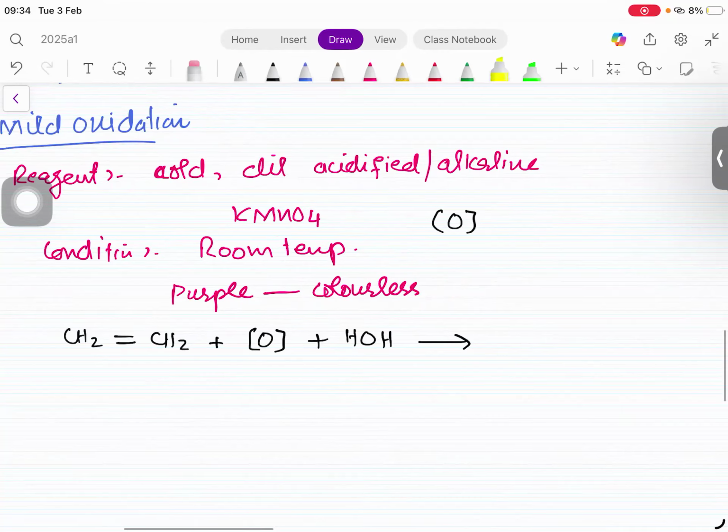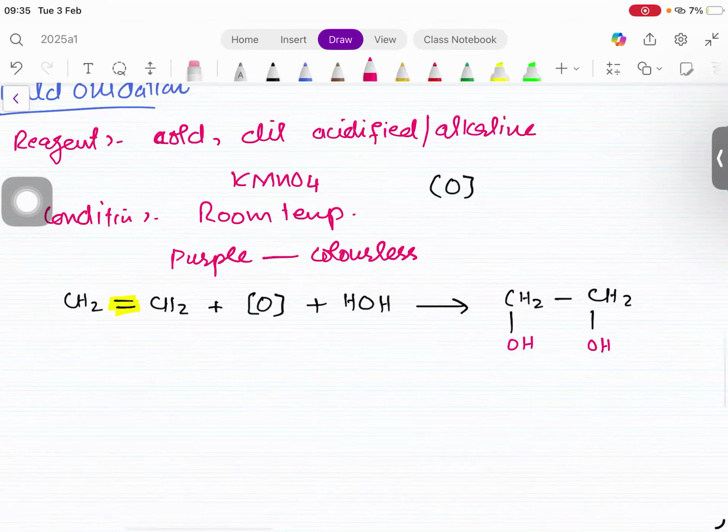For the sake of memorization, I'm telling you: the double bond is converted into a single bond, and both these carbons, where the double bond was present, have one more valency to attach. So two OH are attached here. So it's turning into a diol technically, right?